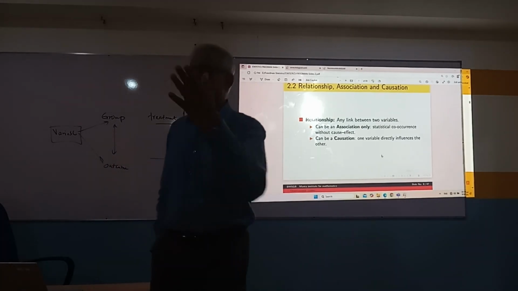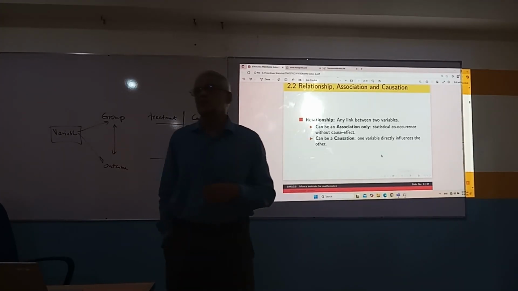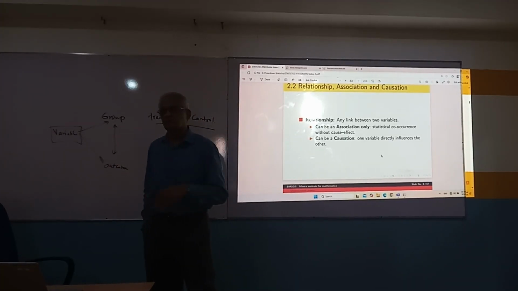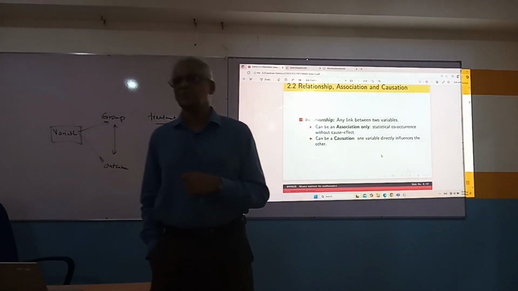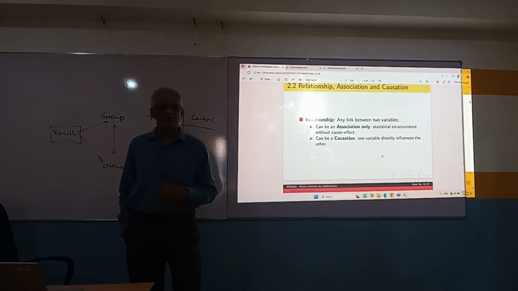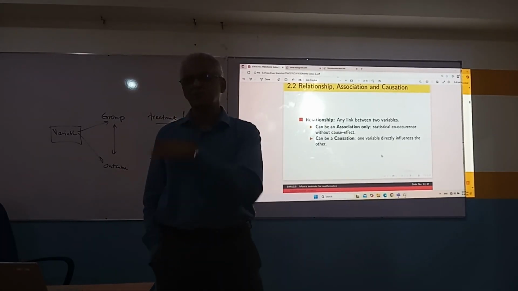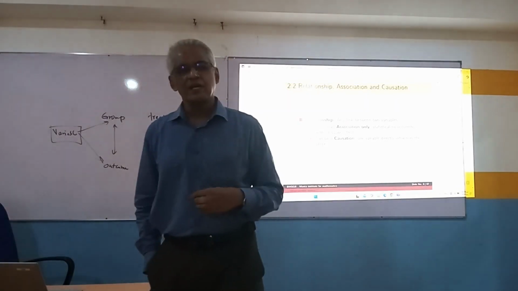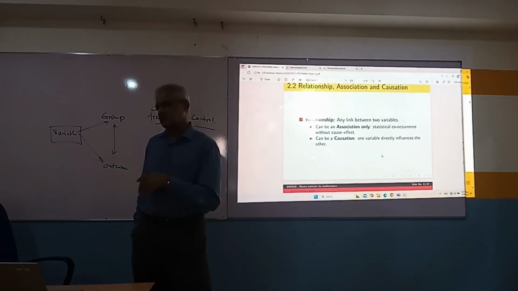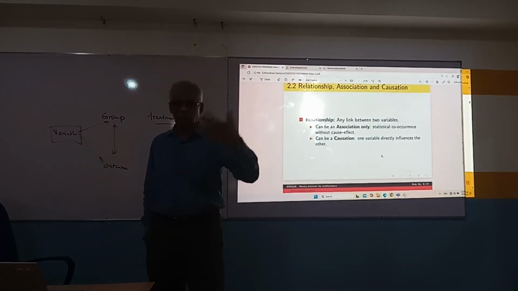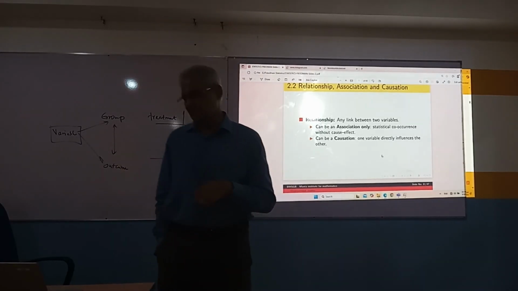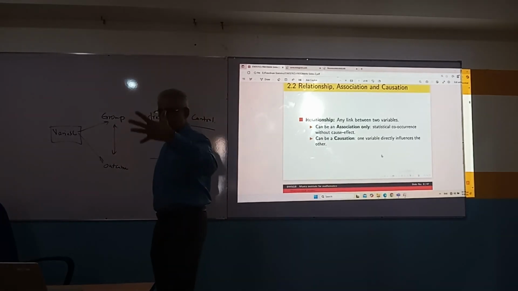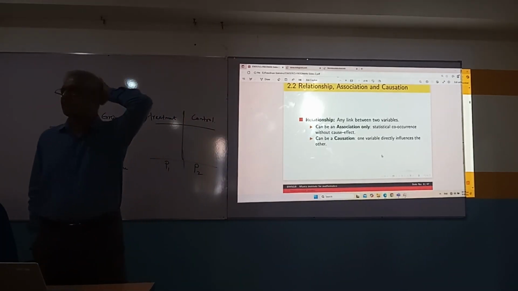For example, we know a lot of mathematical equations, say final velocity is equal to initial velocity plus acceleration times time, v equals u plus at. That's a mathematical relationship. Statistical relationships are there, and also social relationships, friends, enemies or whatever. So the word relationship is a general word.